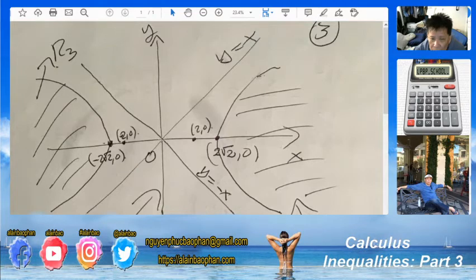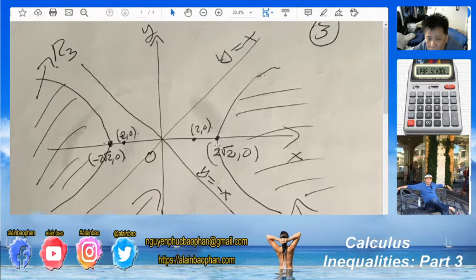But this point right here, the center between the two vertices, is half the distance, so 2. From here to here is 2, from here to here is 2. So this point has the coordinate minus 2, 0, and this one is 2, 0. So when you graph a hyperbola, you need to find the foci, this point right here, and you need to see where the hyperbola will lie.